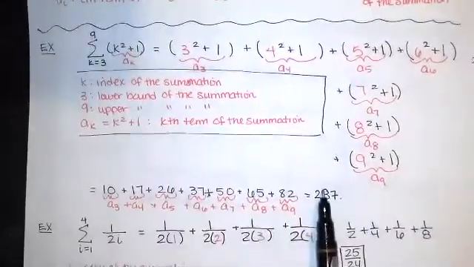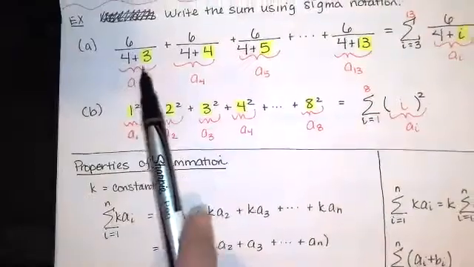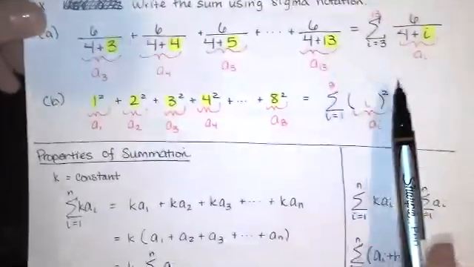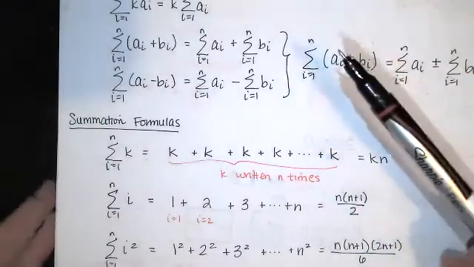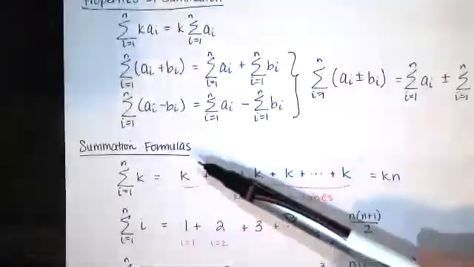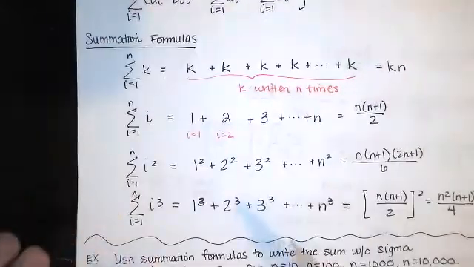We can take a summation and expand it and simplify. Sometimes we're given an expanded summation and we're asked to write it in sigma notation. And then we've got all these properties that will allow us to write something that's given in sigma notation without sigma notation, like we did on this one.